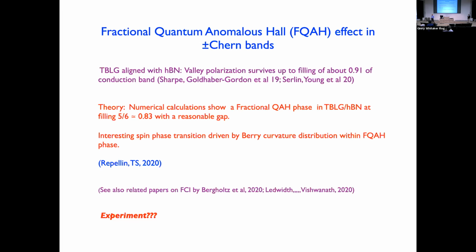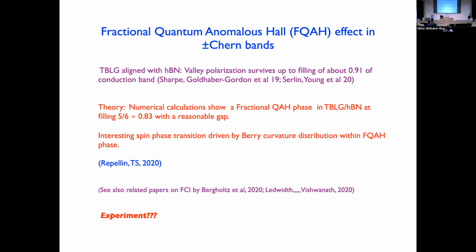Thank you. Do you have a simple physical picture to explain why this particular fraction? Oh, yeah. This looks like 5/6, some weird number, right? But it's not that weird. The valley polarization means that you filled one Chern band, but you don't know anything about the spin.